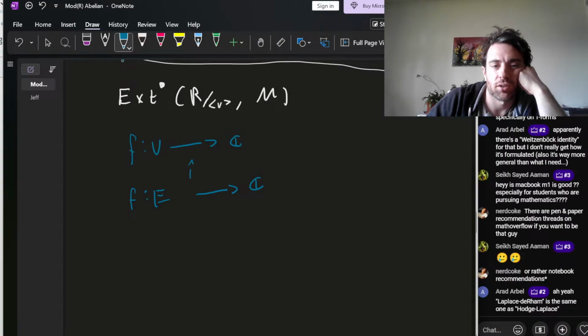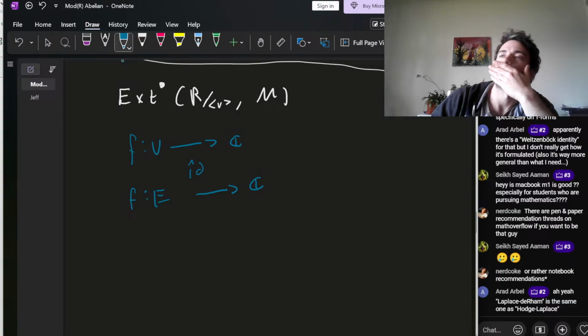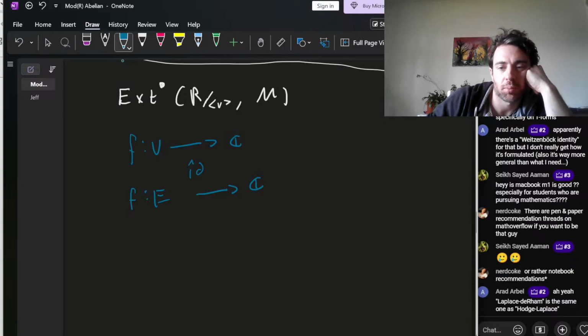I don't remember if you need to take a directed graph, or maybe that's for the signed Laplacian.